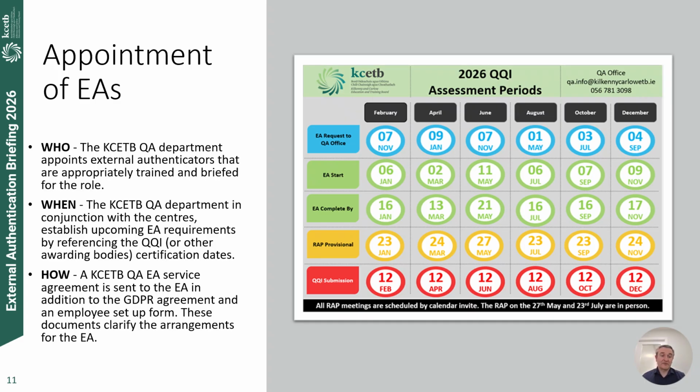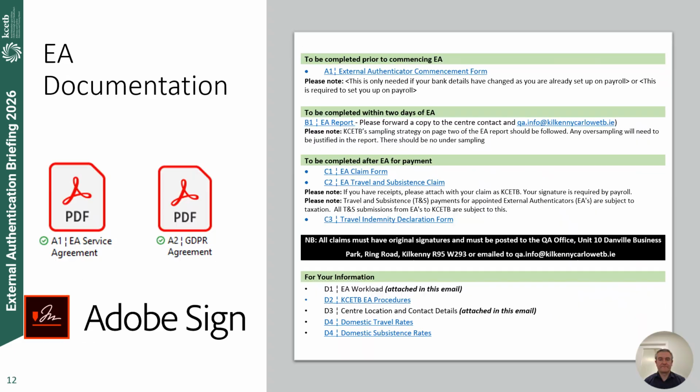And in terms of that, you would have received communication from Peter, who would have contacted you to see your availability, and then put in place EA agreements such as the GDPR agreements and service agreements, and we'll go through those documents in the next slide.